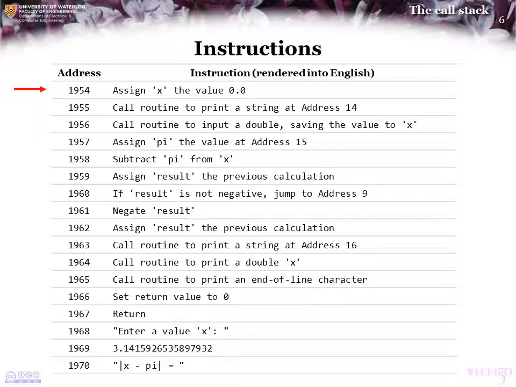The next instruction says to call a routine to print a string at address 14. Here address 14 is relative to the start of the program, so address 14 is actually at address 1968. We then call a routine to input a double, and we save that to the local variable x.